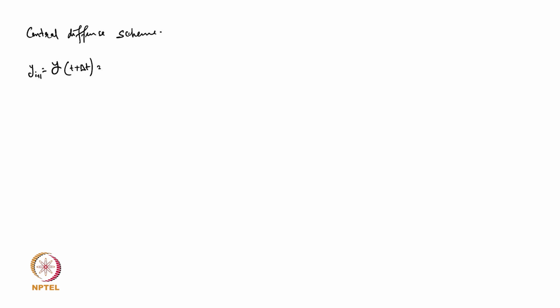So if you see, once we have this type of scenario, we will basically do like this: y of t plus delta t into dy/dt plus delta t square by 2 into d2y/dt2 plus, I think, delta t cube by factorial 3.